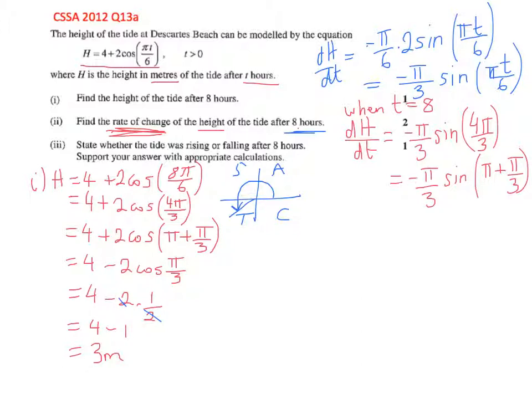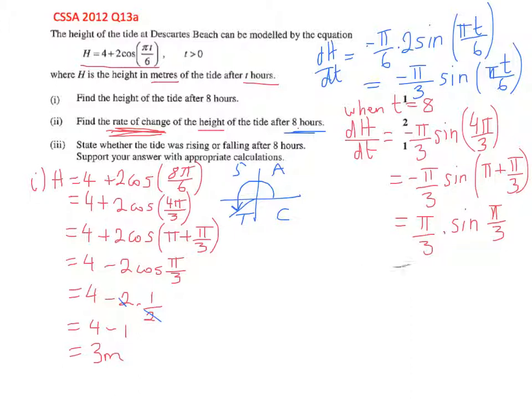We've got that negative there, and this part's going to be negative, so it's going to actually be positive pi on 3 times sine of pi on 3. So this pi on 3 is that related angle there. The sine of pi plus pi on 3 is negative, so negative times negative is positive.